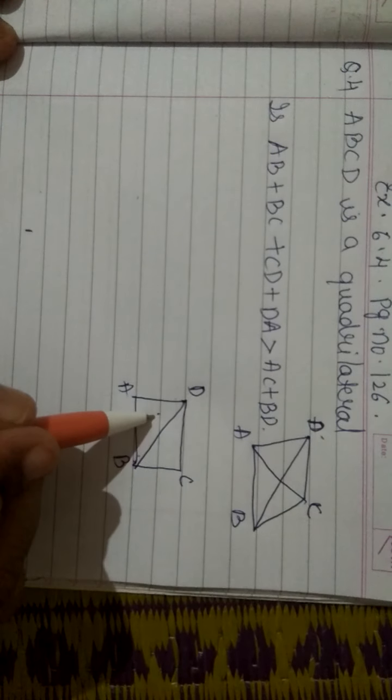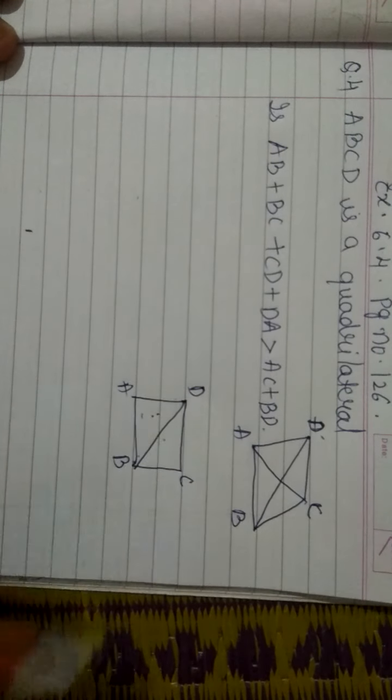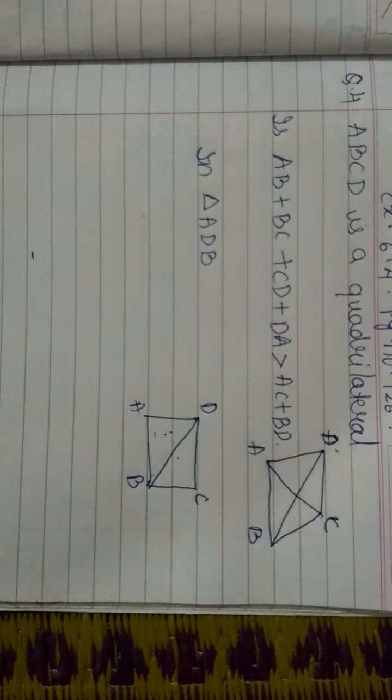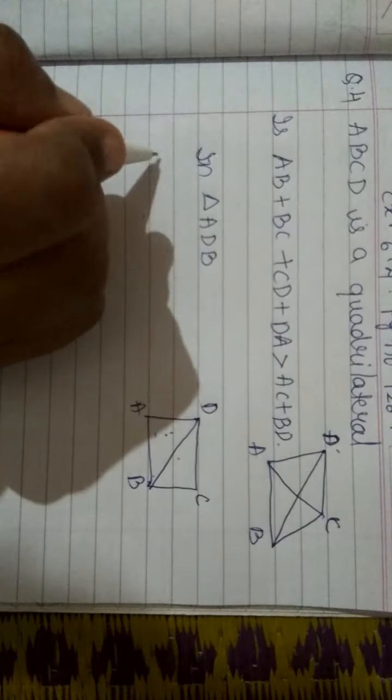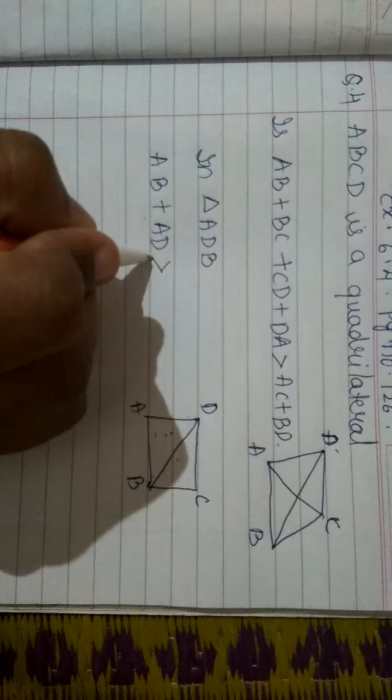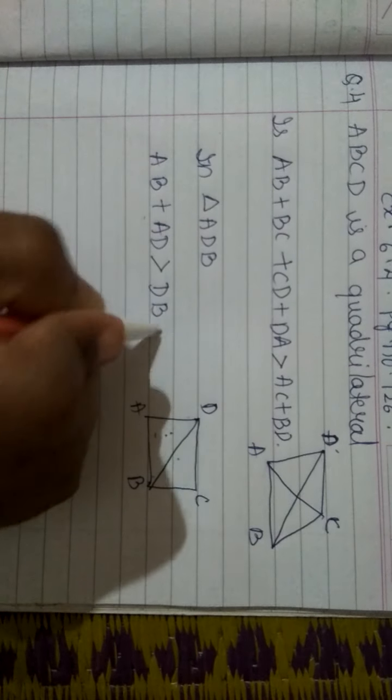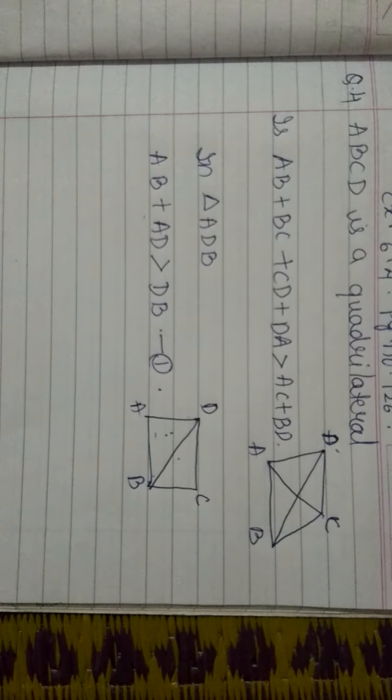Now how many triangles do you see, children, in this? Two triangles. In triangle ADB, children, we can use the property that AB plus AD is greater than DB. This is equation 1, children.